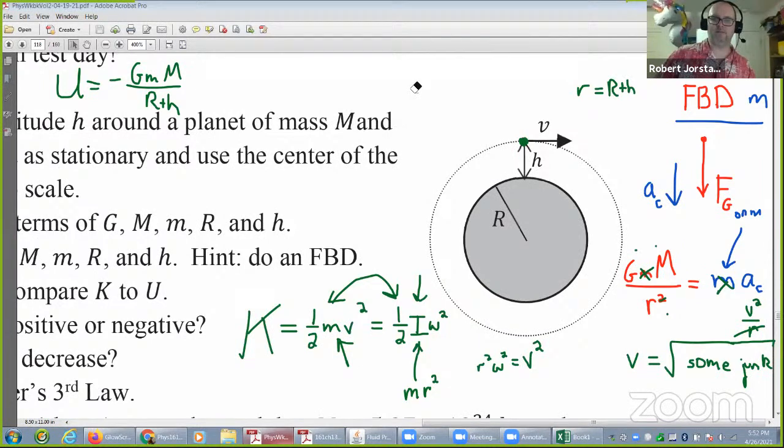Now, you may not see this, but give me just a second. I'm just going to rewrite this another way just so I don't have as much confusion. It's just negative GMm over R. Which term is bigger, the kinetic energy or the potential energy? What does your gut tell you?